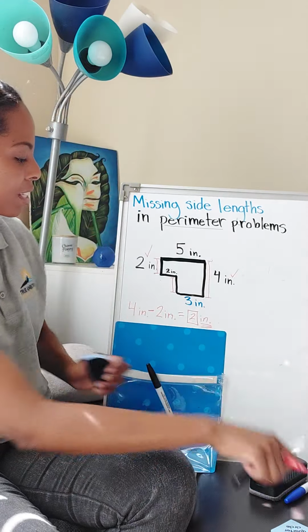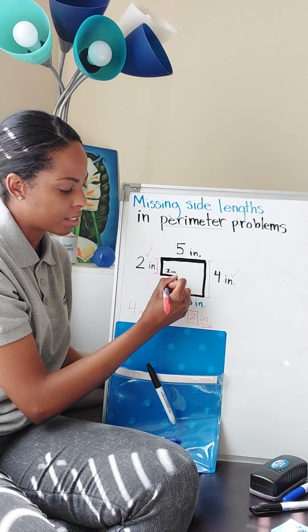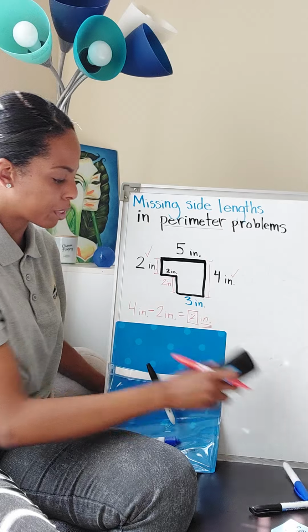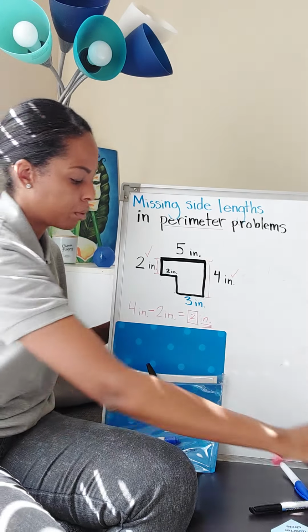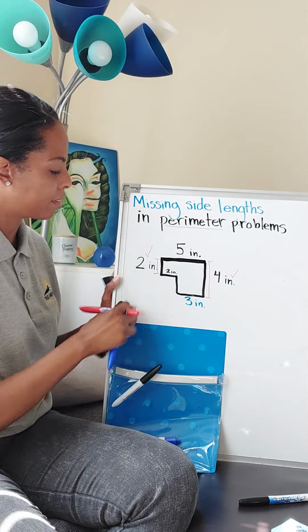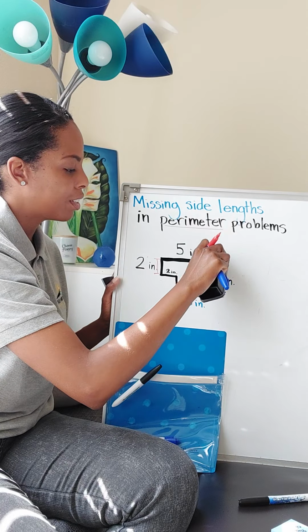All right, so yes, we know now that the measurement of this length is 2 inches. Okay, I put that in blue, actually, now that we've solved for it. 2 inches, don't forget, remind me. I'm erasing all of the red.